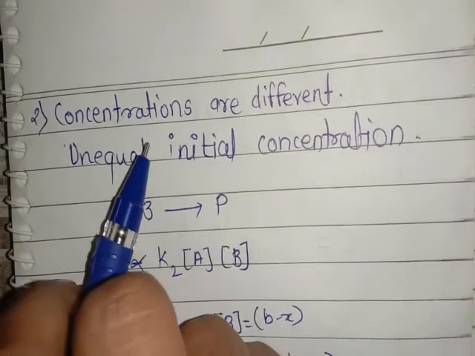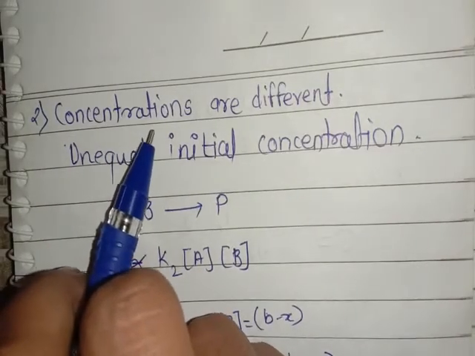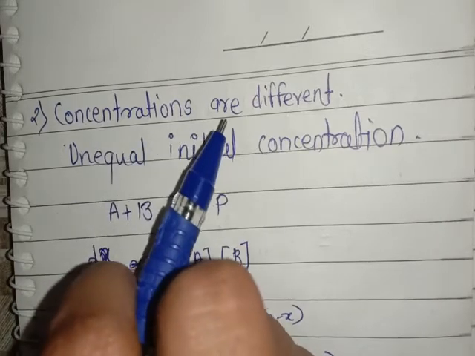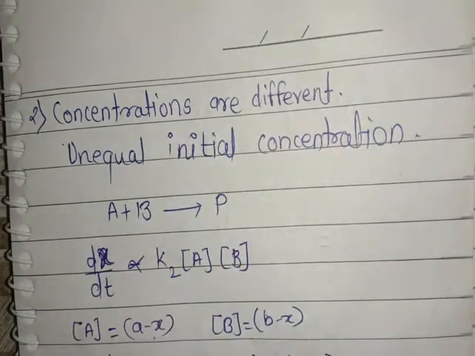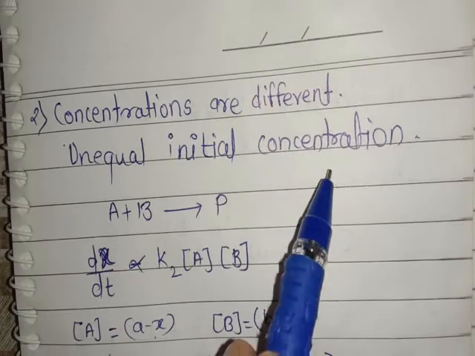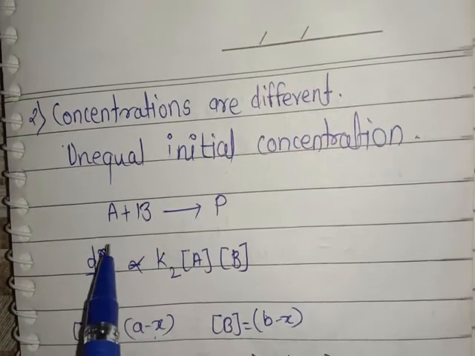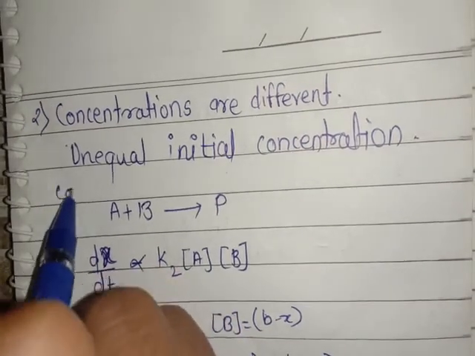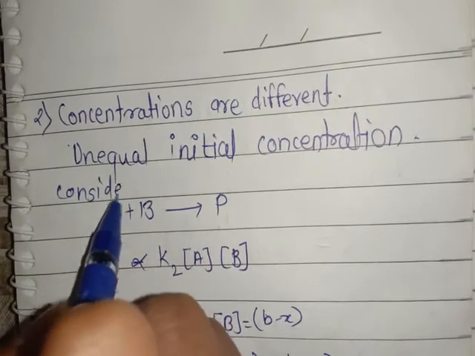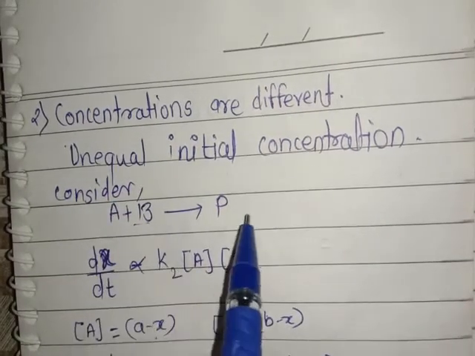The second order reaction rate has a second case, where the concentrations of the two reactants are different, that is the unequal initial concentration. Now again consider this equation, that is A plus B gives product.